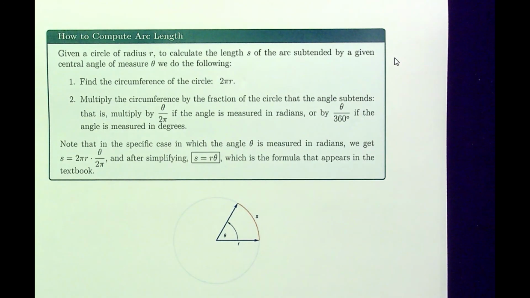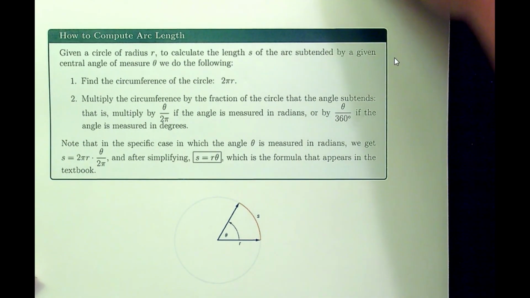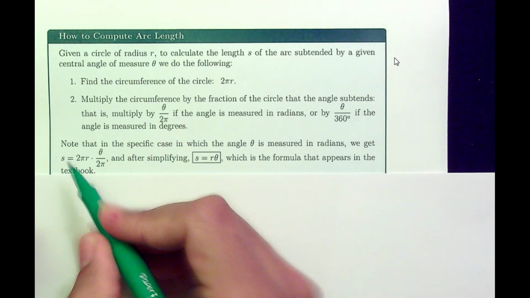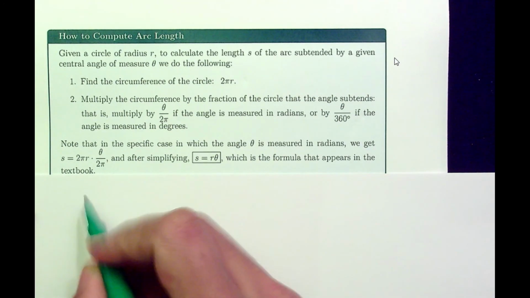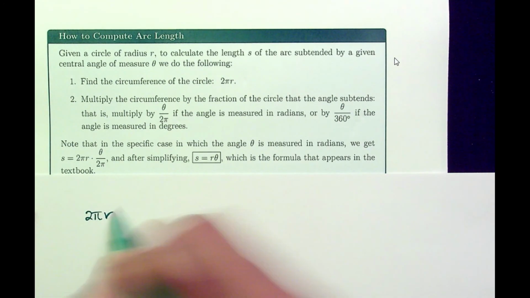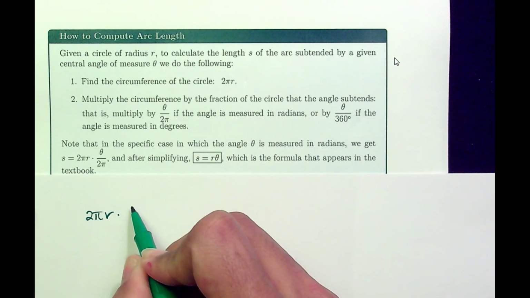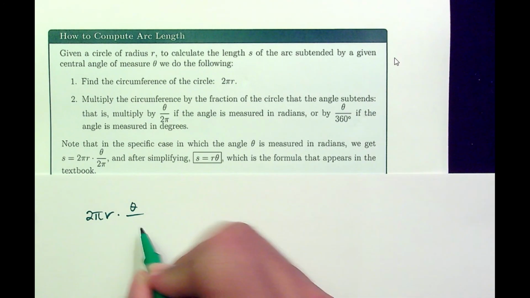Just one comment before we do the first example. This method can be done for either radians or degrees; the procedure is the same. But in the special case in which you're using radians, when you compute the circumference, that's 2 pi r, and because the angle is in radians, you divide by the total, 2 pi.